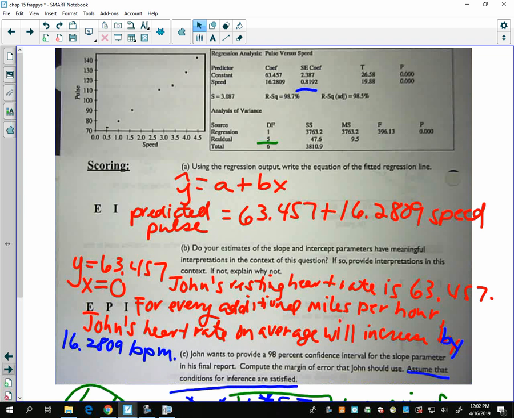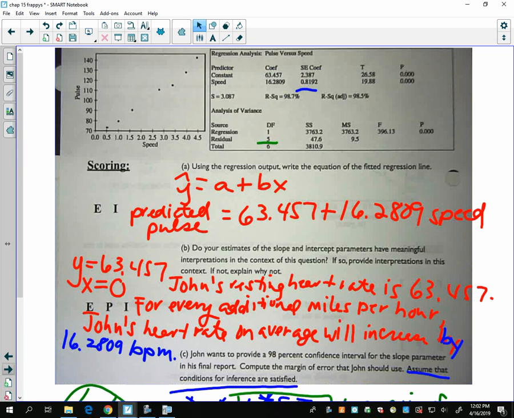He wants to model this relationship. John records his pulse rate in beats per minute while walking at each of 7 different speeds in miles per hour. This is kind of stupid. Doesn't he know that? Sorry. If you're walking faster, isn't your heart rate going to go up? I'm not sure about that.